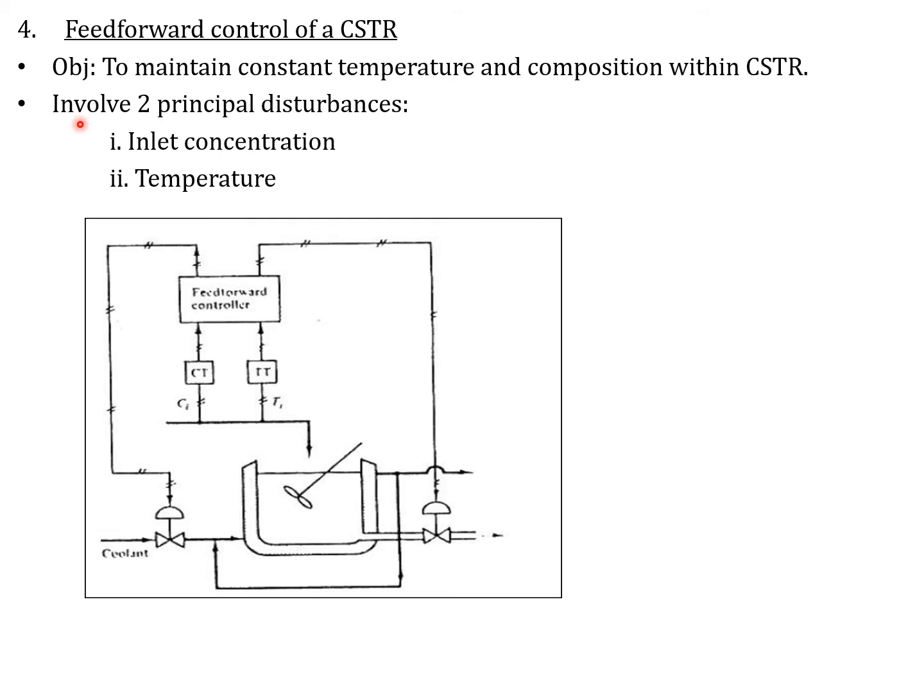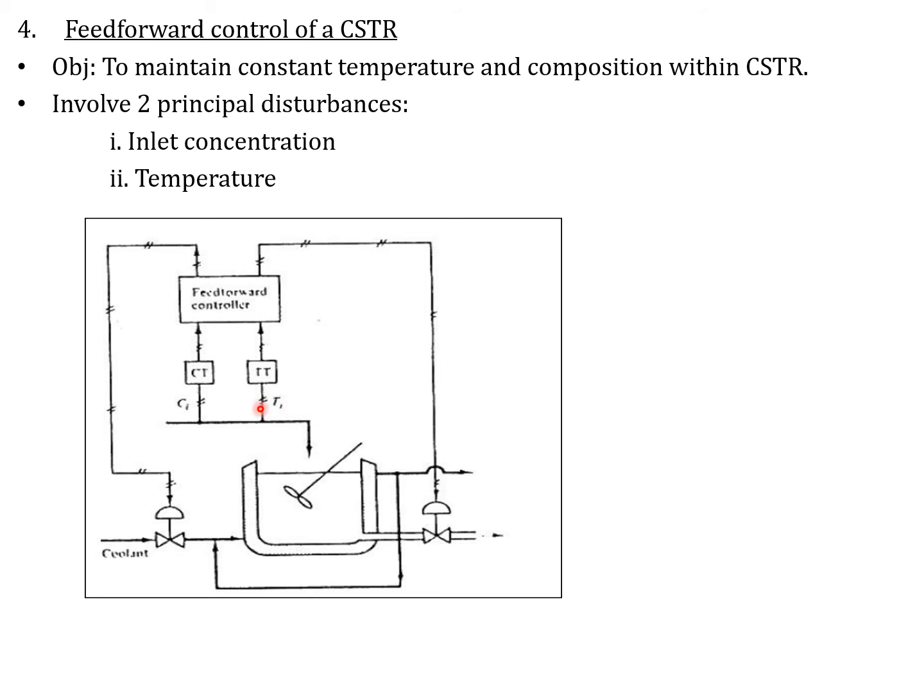Also, we can have a feed-forward control of a CSTR to maintain the constant temperature and composition within the CSTR itself, and it involves again two principal disturbances: the inlet concentration and temperature.